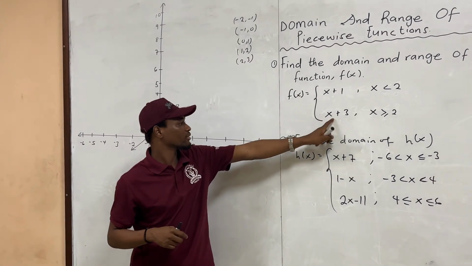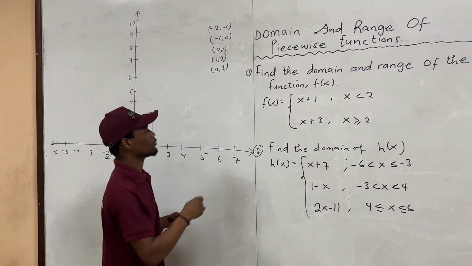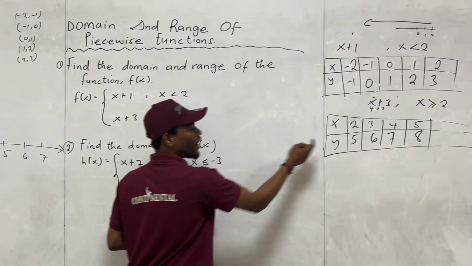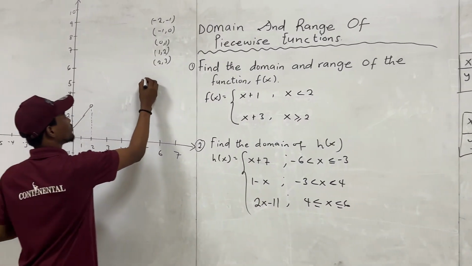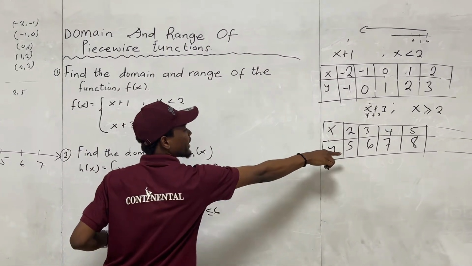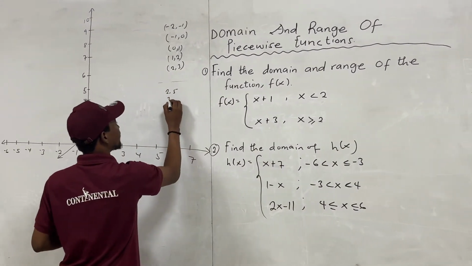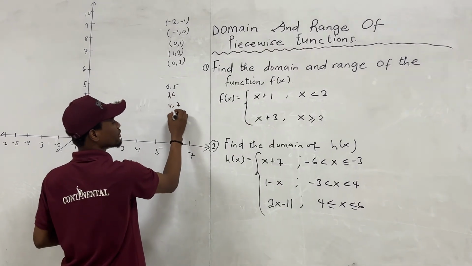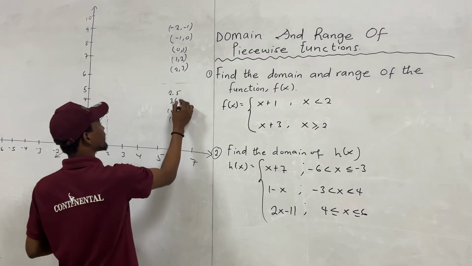Then what about this? x plus 3. There's a coordinate 2, 5. I have 2, 5, 3, 6, 4, 7, 5, 8. This way.